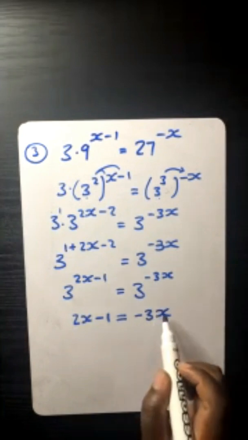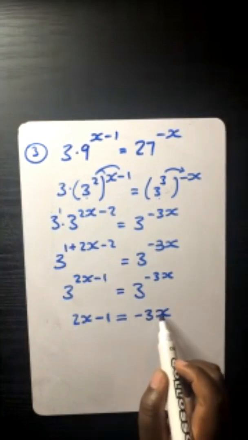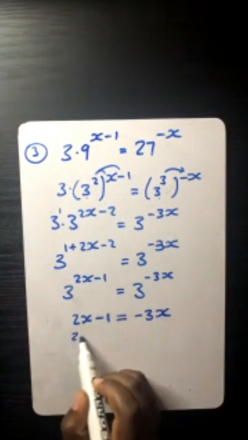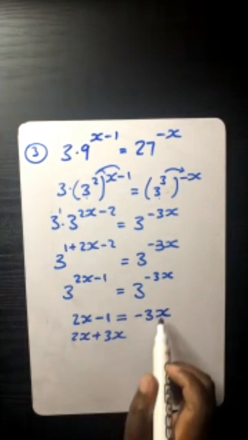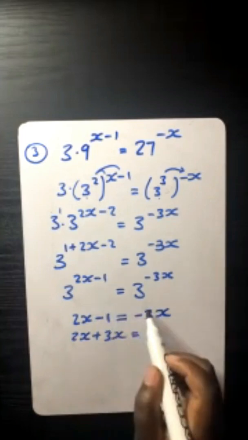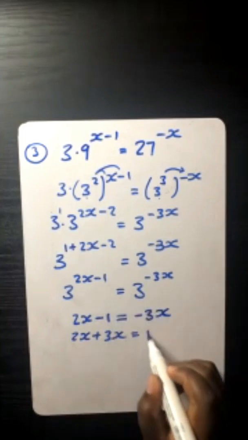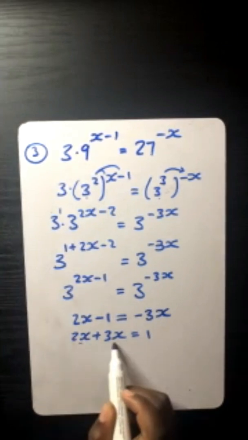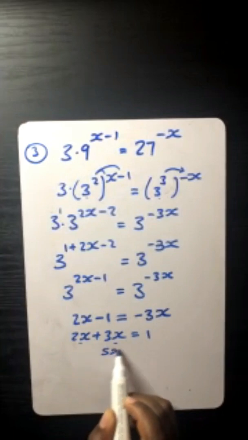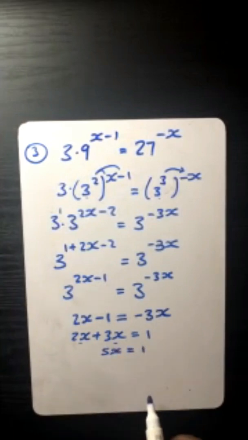So when you solve for the unknown, it means you can transpose. You've got 2x, it changes the sign, it becomes plus 3x. You also transpose 1 to the other side, it becomes positive 1. Obviously, 2 plus 3, it's equals to 5x, which is equals to 1.